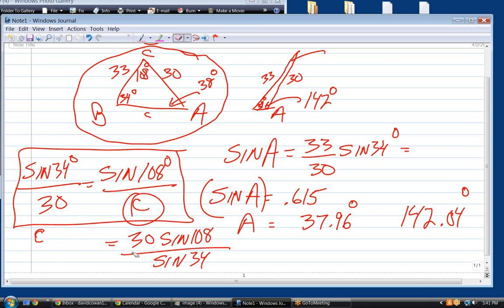Yeah. Okay. So put that in your calculator, and you'll come up with C. Tell me what you get, and I'll label it. It better be a number much bigger than 33. I got 0.839, so maybe I'm plugging it in wrong.